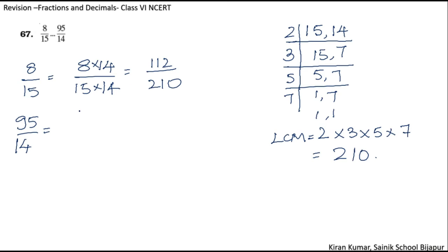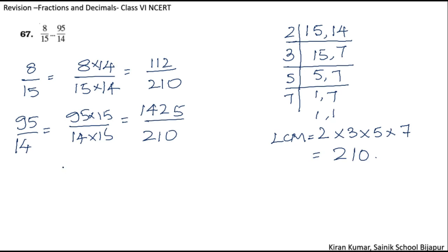So 112 by 210. Now 95 by 14 I'll convert. For that I'll multiply 15. So the denominator is 210, the numerator is 1425, which is very large.